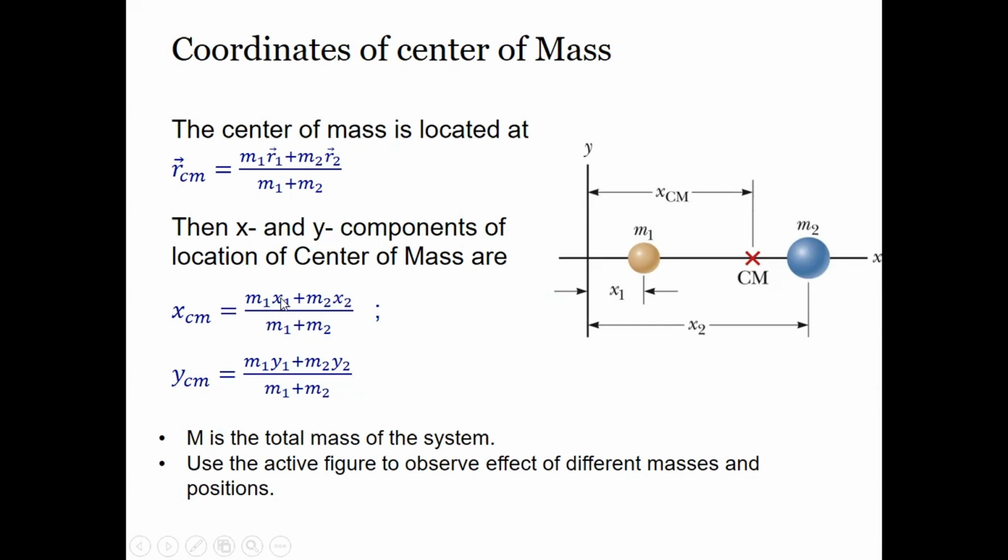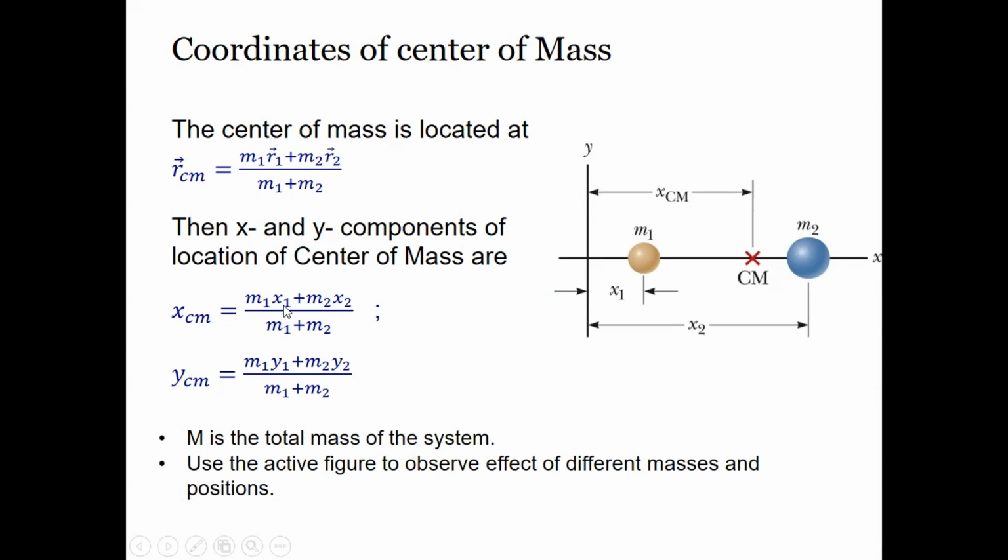Here you can see that x is weighted with respect to the mass. x1 has a weighting of m1 and x2 has a weighting of m2 as compared to the total mass. So the fraction m2 divided by M is a weighting factor which is used for the center of mass.